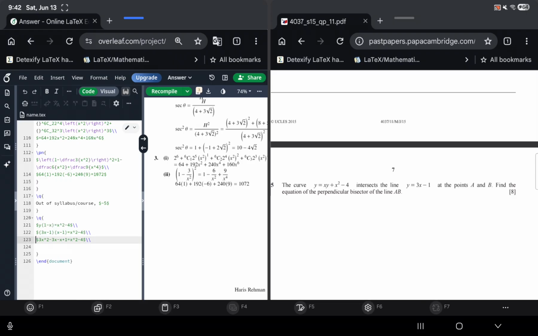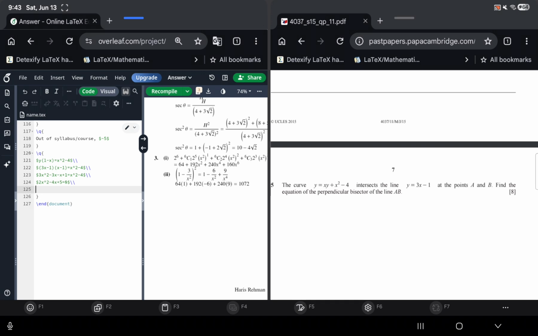Now if we move the x terms onto the left hand side, we get 2x squared minus 4x plus 5 is equal to 0. Very bad. 3x squared minus 3x, yeah, works out. Nice.